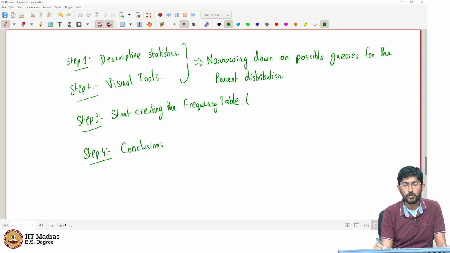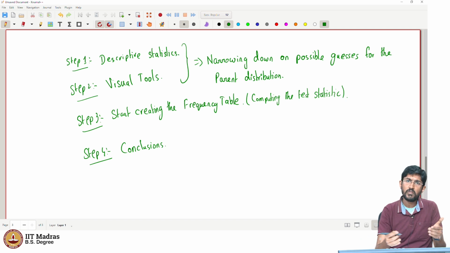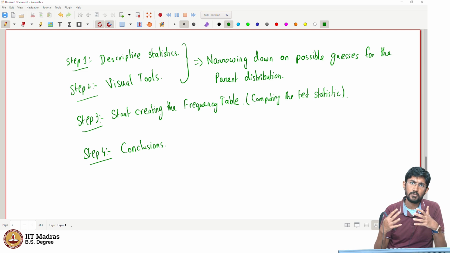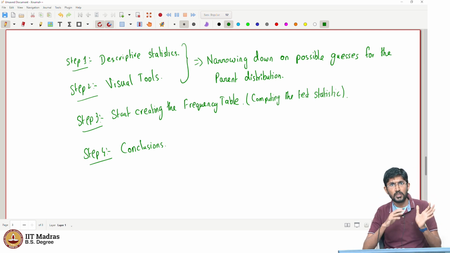So here we would be creating the frequency table, computing the test statistic, and so on, and then we will use it in step 4 to make a conclusion of whether we are going to accept or reject the null hypothesis. This is the 4-step procedure that you would be seeing in the tutorial.